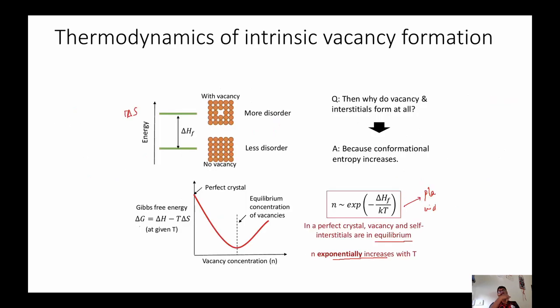Now, thermodynamics of intrinsic vacancy formation. We will see why these vacancies are important for the diffusion process. For substitutional diffusion, we need vacancies, and how many vacancies there are at room temperature or at any temperature, we will see quantitatively.